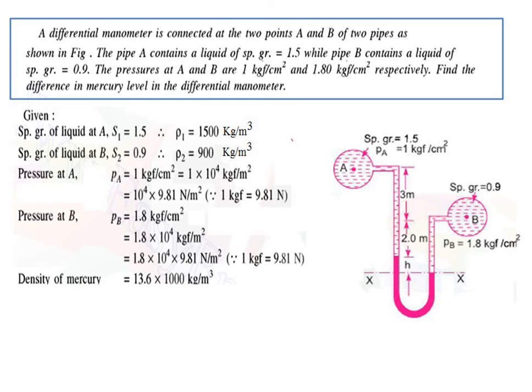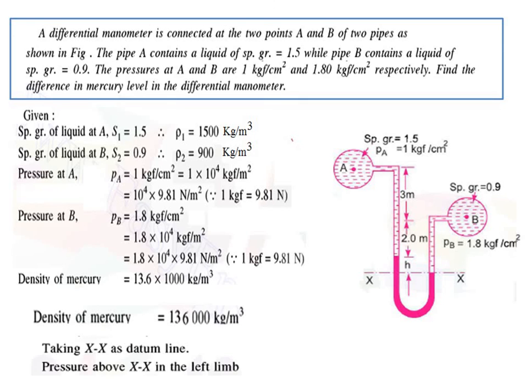So it is nothing but 1 into 10 to power 4 kgf per meter square, and we know that kilogram force is nothing but 9.81 Newton. Therefore, it is nothing but 10 to power 4 into 9.81. Similarly, PB is equal to 1.8 into 9.81 into 10 to power 4, and density of mercury is nothing but 13.6 into 10 to power 3 kg per meter cube.